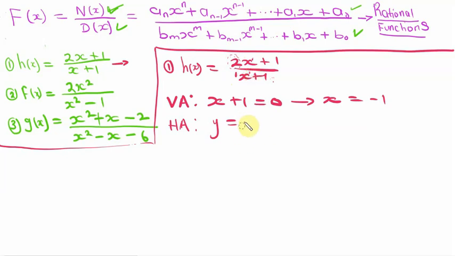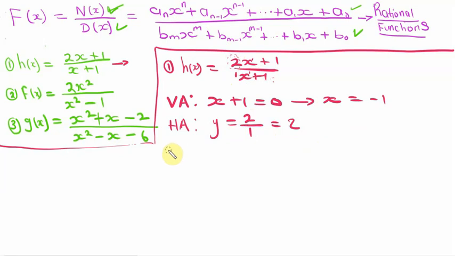So in this case, we have 2 divided by 1, numerator over denominator's coefficient, which is 2. So we have the horizontal asymptote at 2.